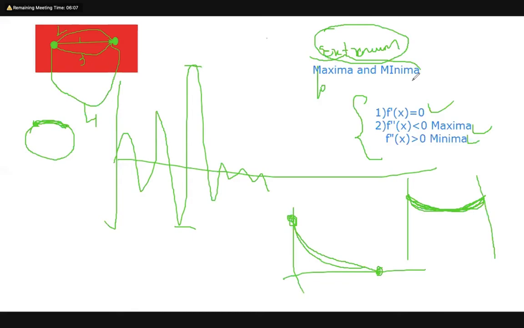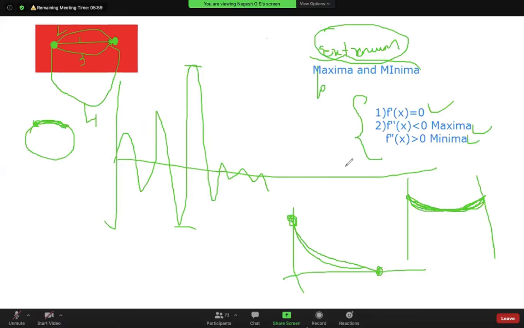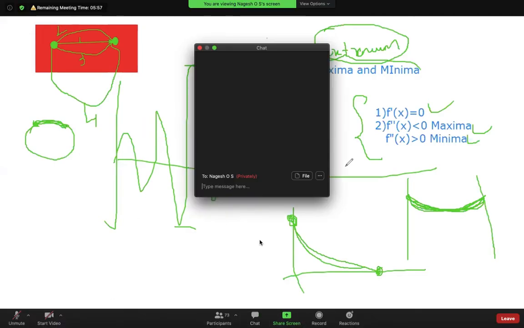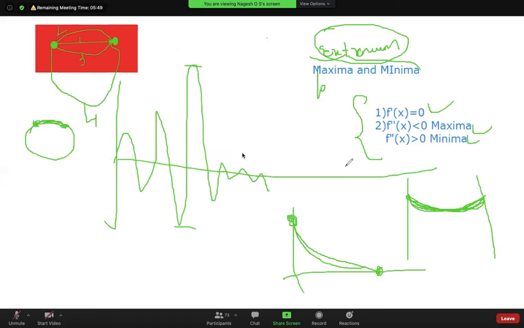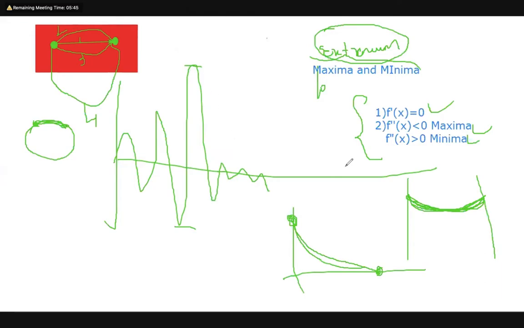Only 6 of them, 7, 8, 9. Think and tell. It is a very easy one. Think and tell. Everybody should tell.